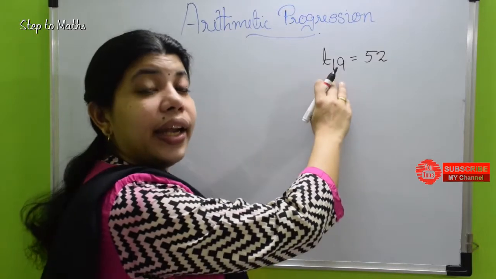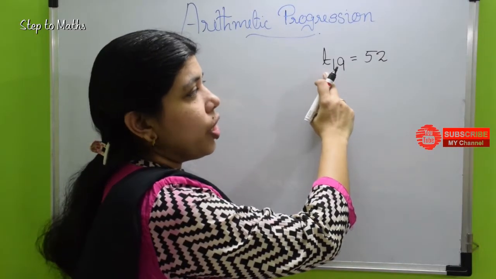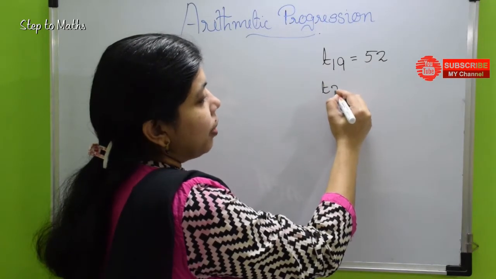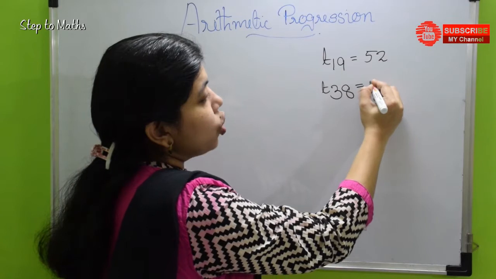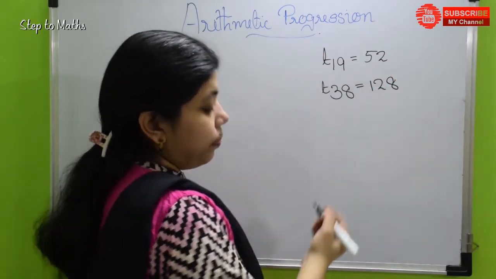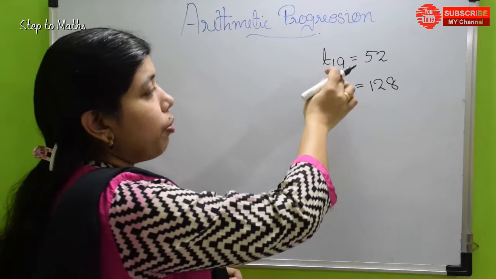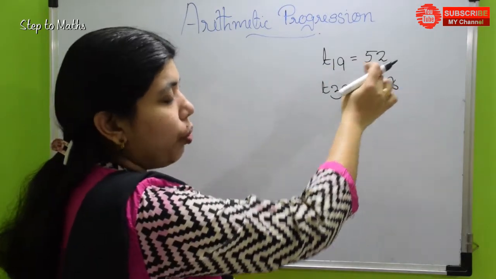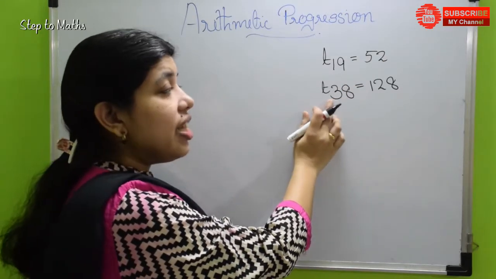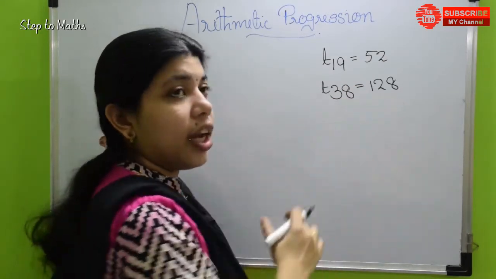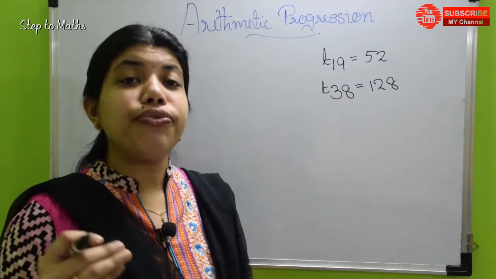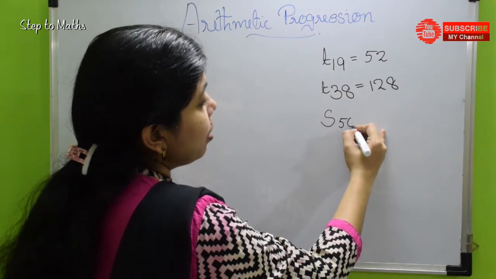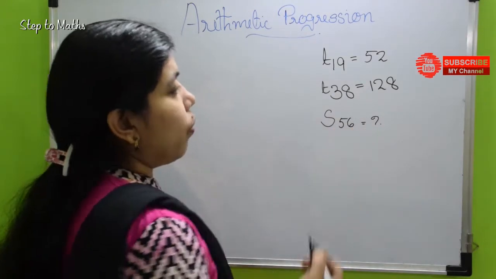The 38th term, that is T38, is equal to 128. Find the sum of the first 56 terms. That is, we have to find S56 equal to what?